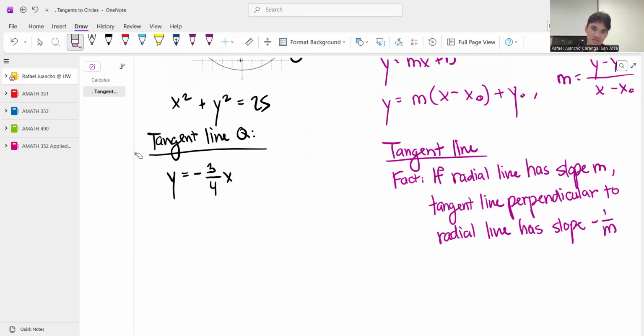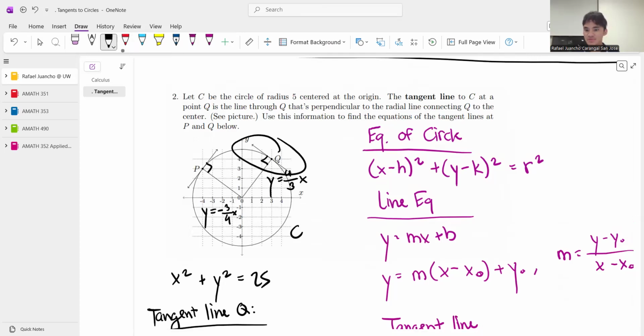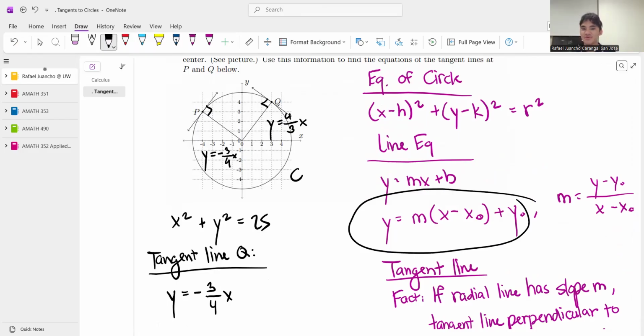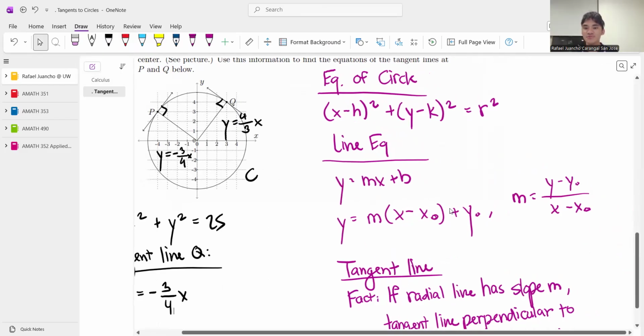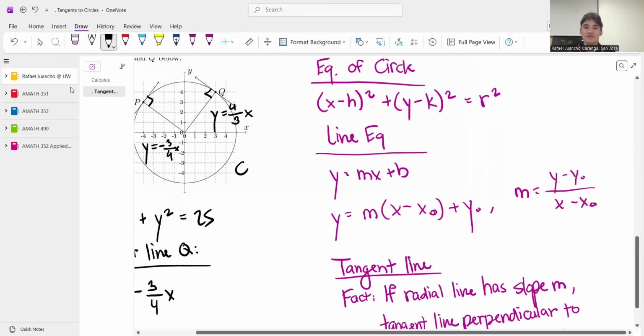But here's the issue. We don't know the y-intercept, so we cannot use this form. In fact, we can actually use this form because we know a point on that line. So when we're using these tools for the line equation, we will only use this if we know the y-intercept.